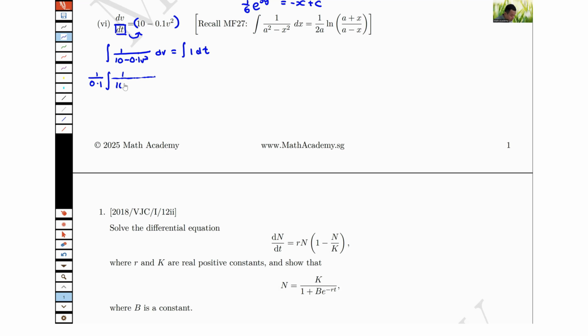But can I write the 100 as a 10 squared? We want to write it as a 10 squared so that you can apply it as the a squared. Hence, I get 10 in front. 1 over 2a ln t plus c.